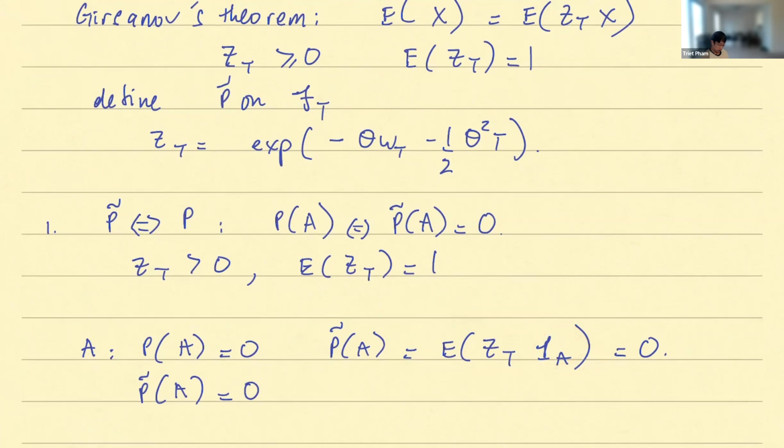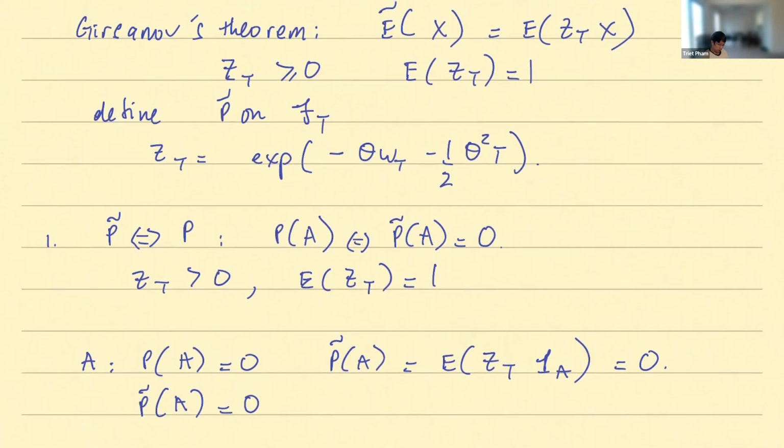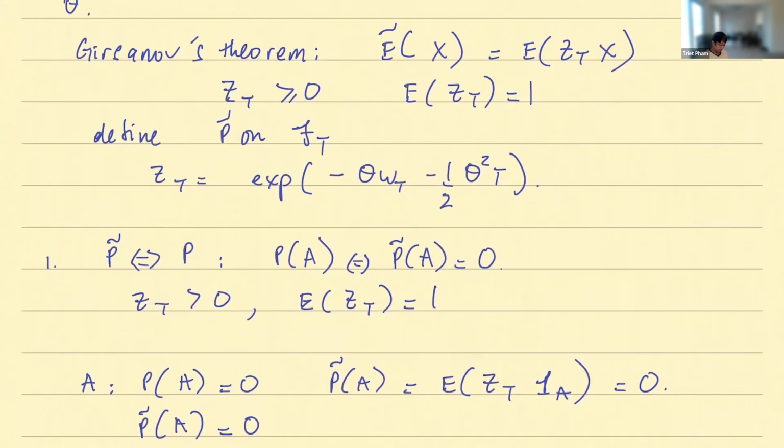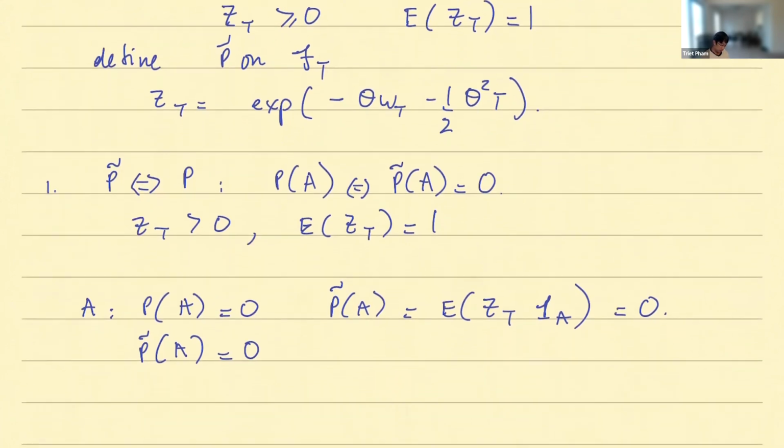The converse, though, is what if you start out with the risk neutral side. Now, notice that if ZT is positive, that allows you to do the inverse, 1 over ZT. So because ZT is positive here, it allows you to do the other way, meaning that you can write P of A as an expectation of a thing.